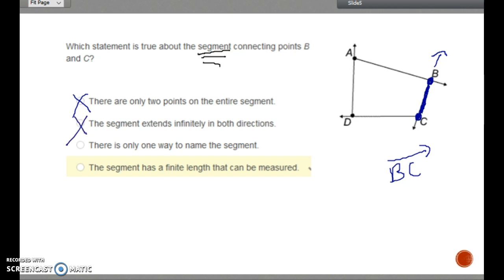The next one says there's only one way to name the segment. Well, that's not true. You can name it segment BC or you can name it segment CB. And then the last one, the segment has a finite length that can be measured. Well, that one is true because we have said that it has to end at point B and point C. It's just that segment. So we can measure that. It stops. It doesn't go on forever.